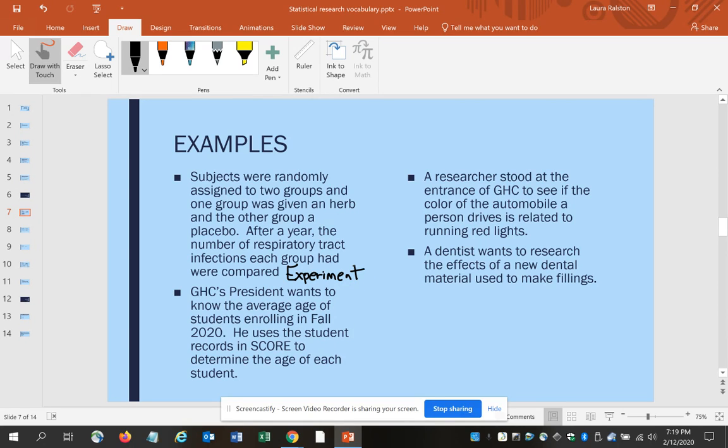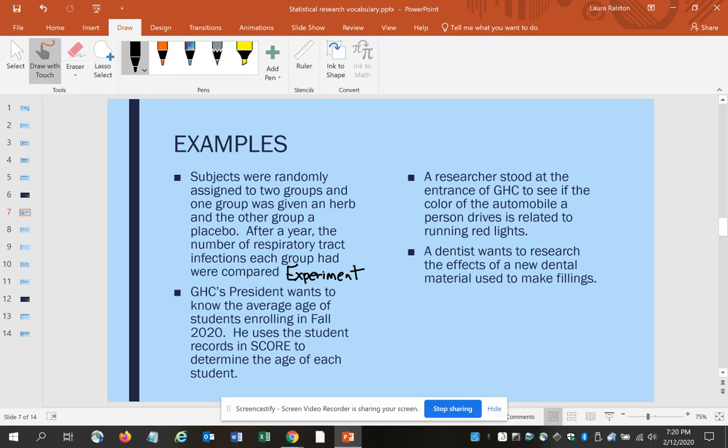Okay, second scenario says GHC's president wants to know the average age of students enrolling in fall 2020. He uses the student records in SCORE to determine the age of each student.